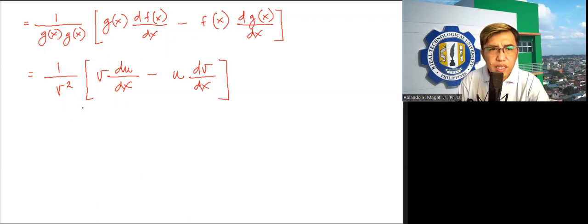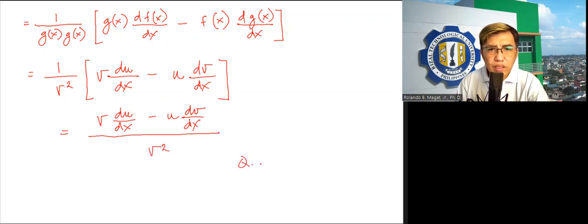And to further simplify, we have v times du all over dx minus u times dv all over dx, all over v squared. And that ends our proof. Okay.